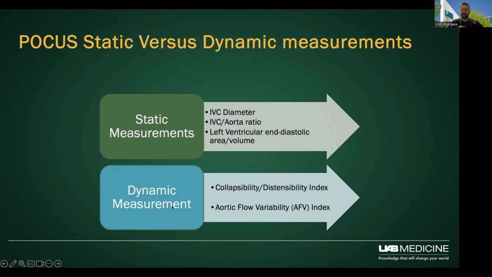And then dynamic measurements, which includes your caval indexes, which is collapsibility and distensibility index, and your AFV index, or aortic flow variability index, which is going to be the most important and the most predictive method for volume assessment.